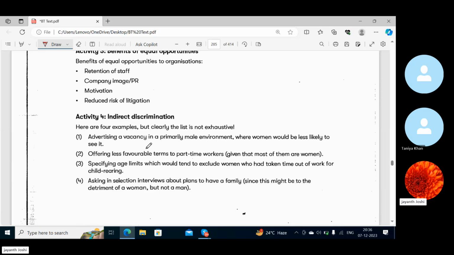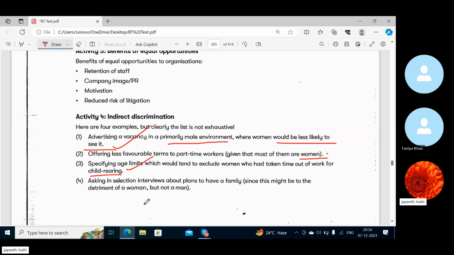So advertising a vacancy in a primary male environment where women would be less likely to see it. That's where the entire domination is by the male. Offering less favorable terms to part-time workers, given that most of them are women. Specifying age limits which would tend to exclude women who had taken time out of work for child rearing.